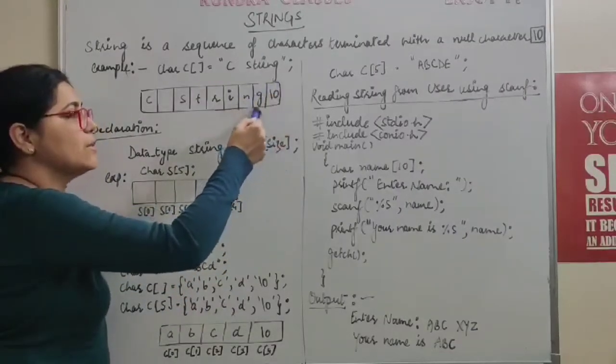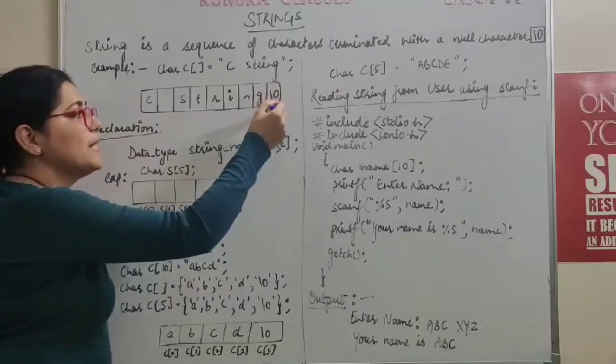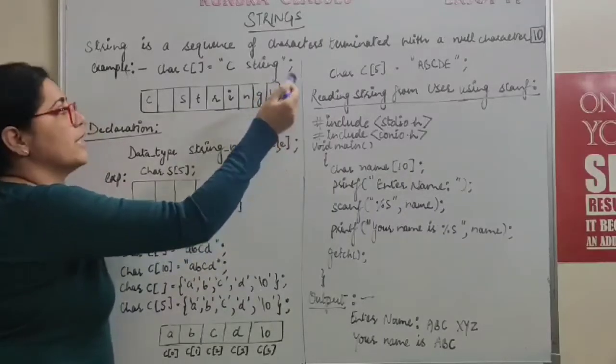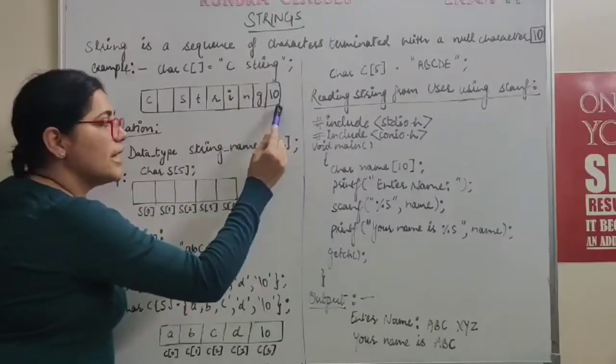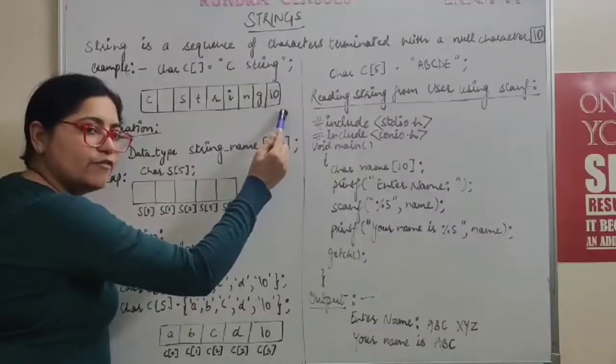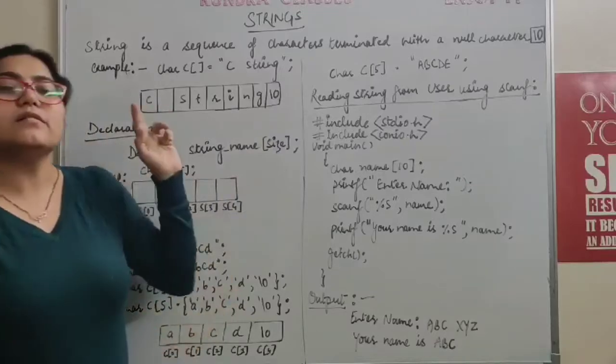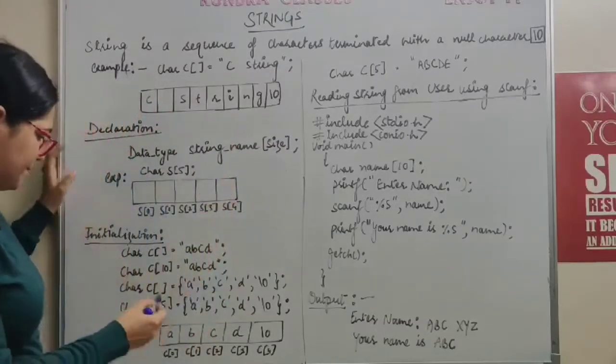In this example as well, a null character has been appended at the end of the string. यहाँ पे mention नहीं किया हमने, but this null character will be appended at the end of the string if you are initializing the string in double quotes.